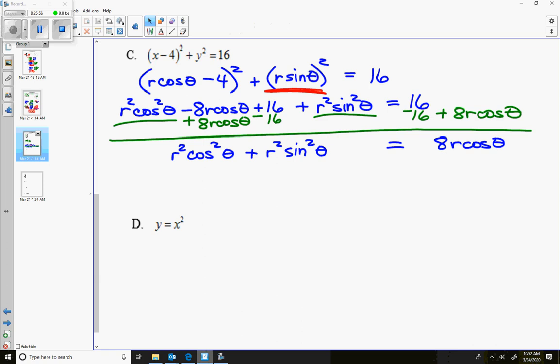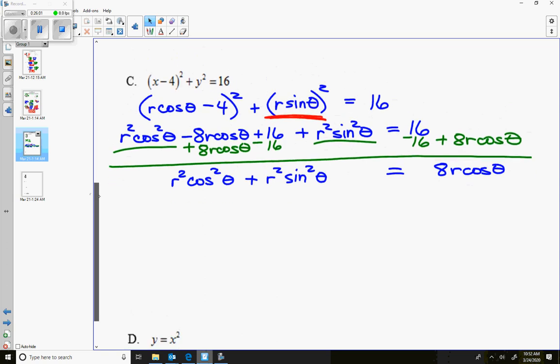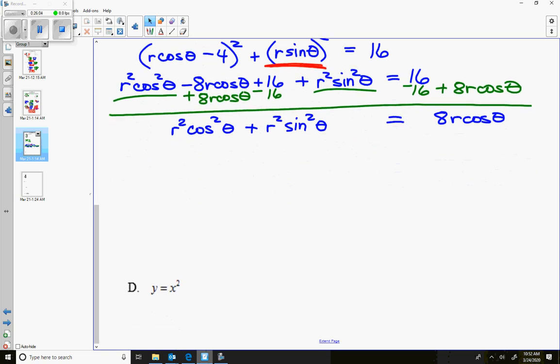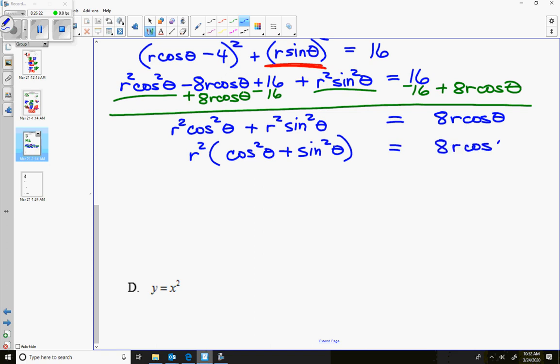Okay, left side. Anybody recognize anything we could do there? Factor out an r squared. You factor out an r squared, DCF, we are left with cosine squared theta plus sine squared theta equals 8r cosine theta. And what is cosine squared theta plus sine squared theta? Your main Pythagorean identity. That just becomes 1.